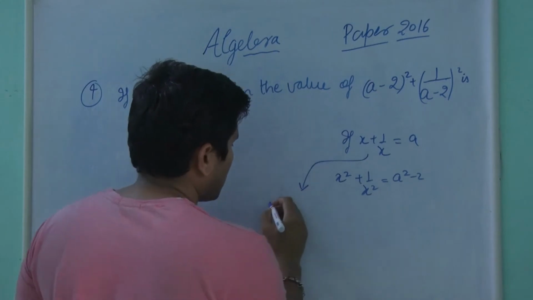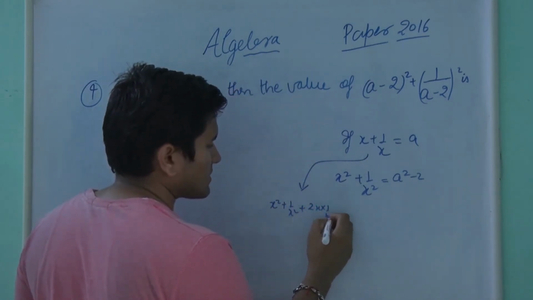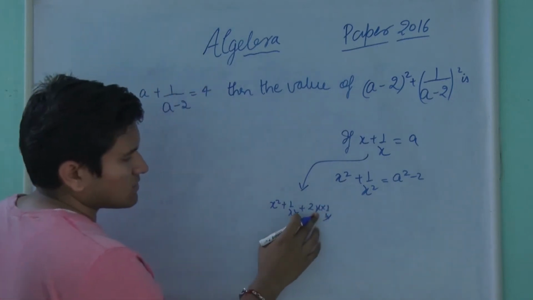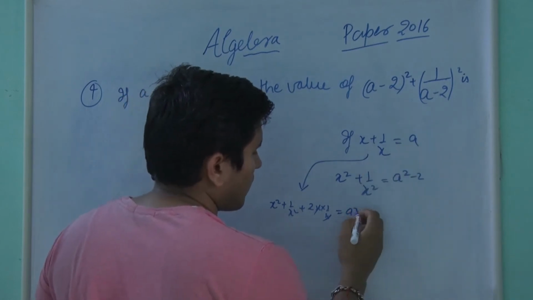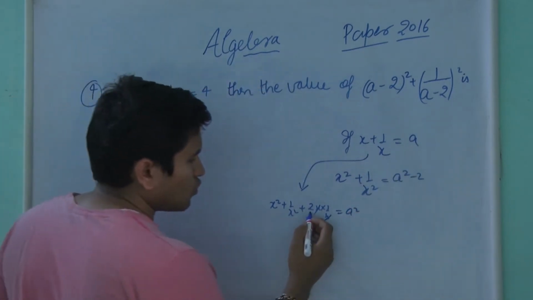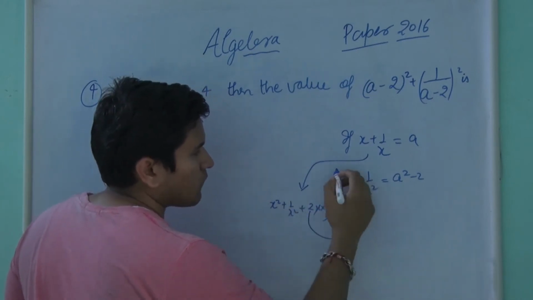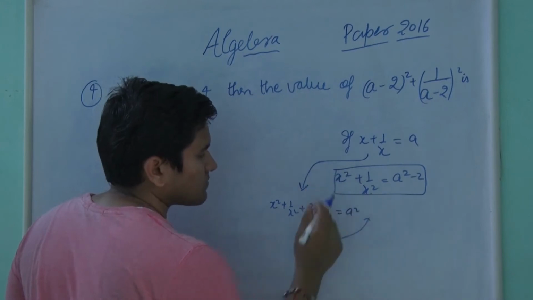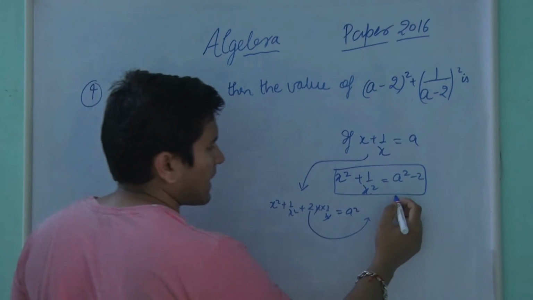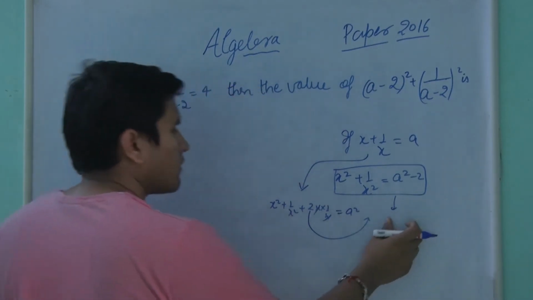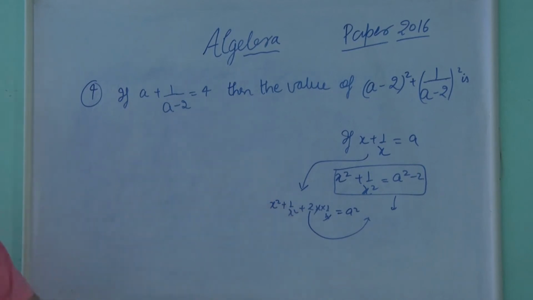Then this x will cancel with this x, and here we get a to the power 2. This 2 will go to this side and become minus. This is how this formula is formed. There are 8 to 10 formulas of this type, which we will discuss in the second video. But for this question we have just discussed it.